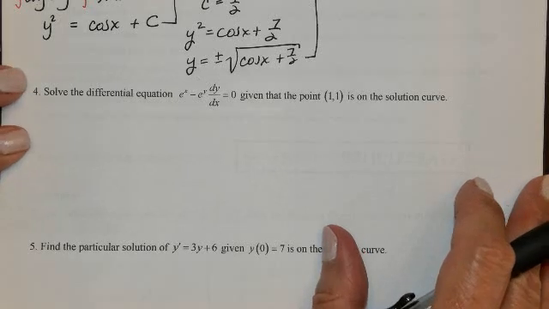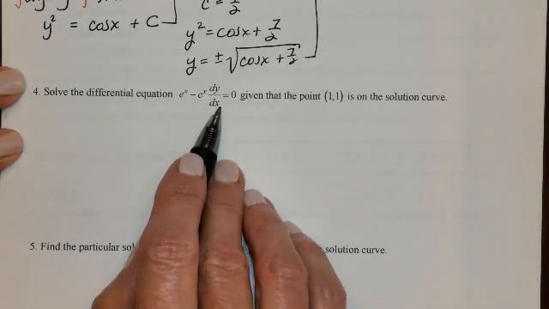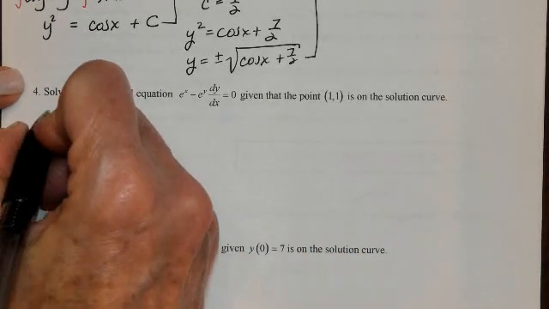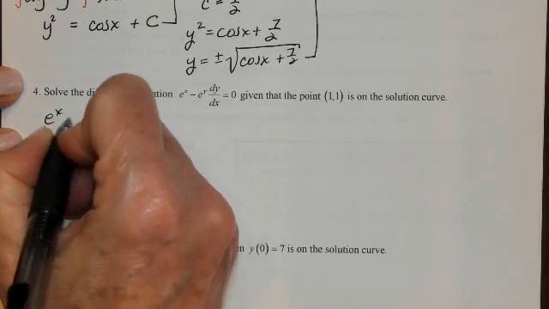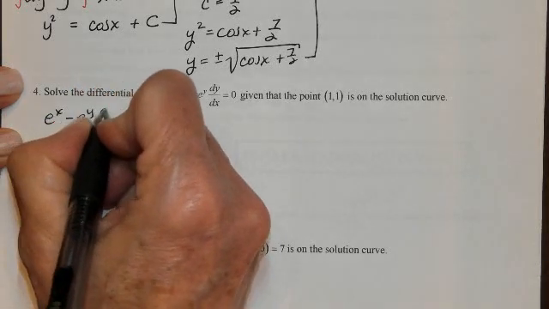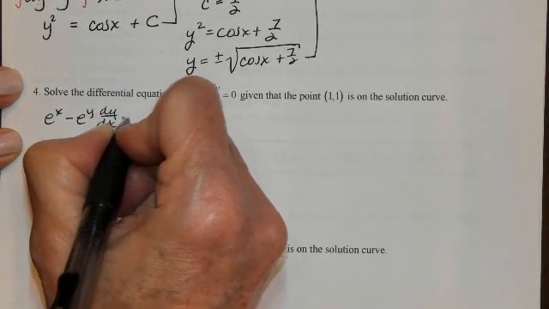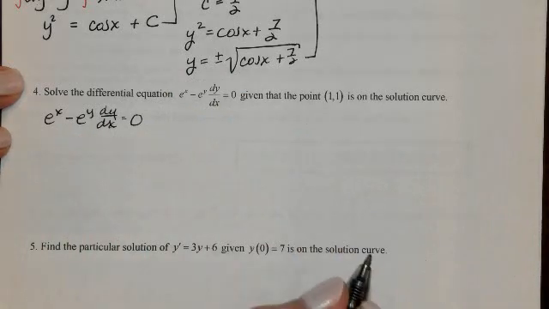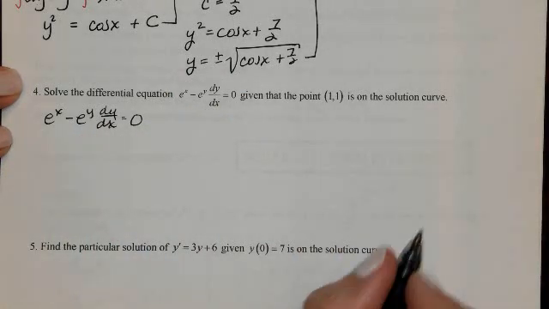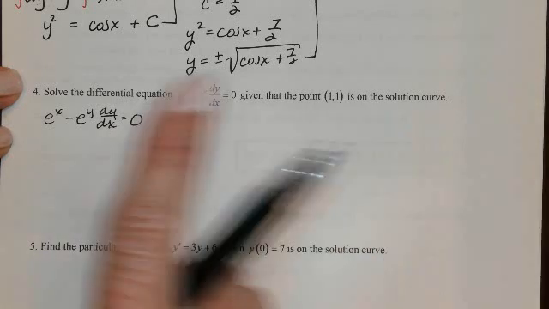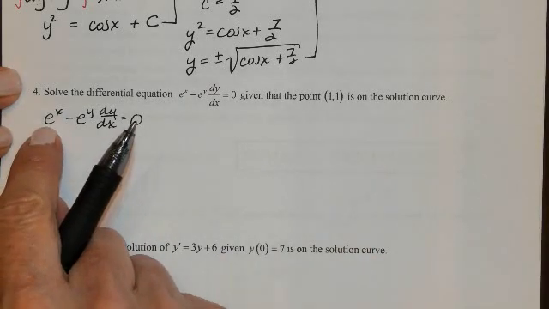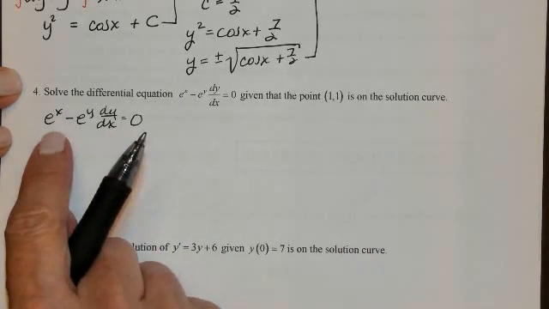Number 4. Solve this differential equation. So we have e to the x minus e to the y dy dx is equal to 0. Okay? Well, separate and integrate. So to move the e to the x, I'm going to subtract it on both sides, right?